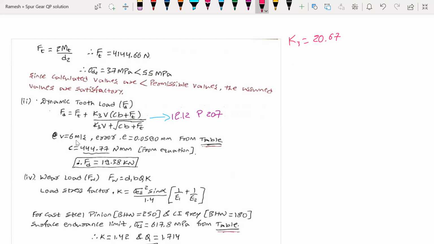We have calculated that, and we need to refer to a table to find out the error. Which table do we need to refer to?